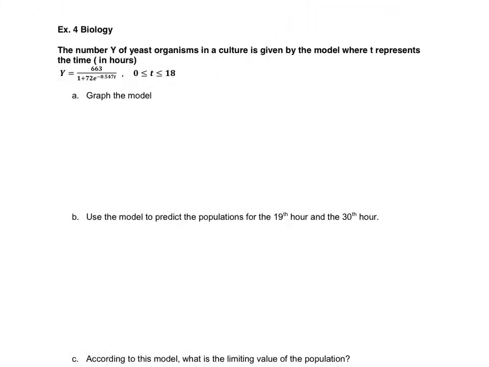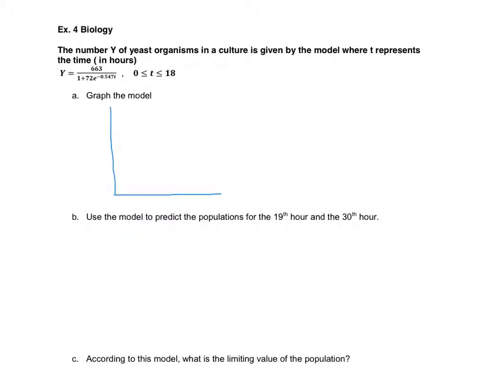Now we're going to look at a problem with biology. We've got the number of yeast organisms in a culture given by this model. And so it says graph the model. Now, first off, we've been harping lately on graphing models. Remember, most of the time you're going to just be graphing that first quadrant.